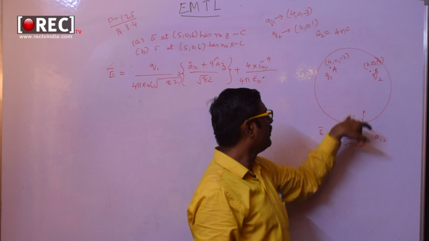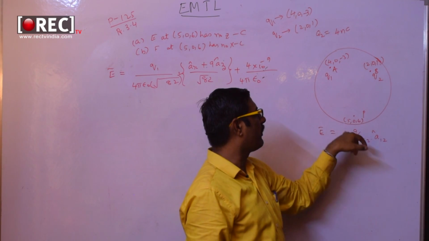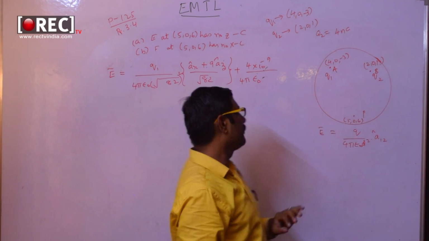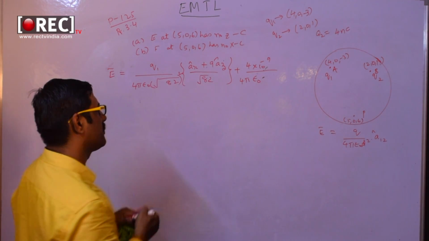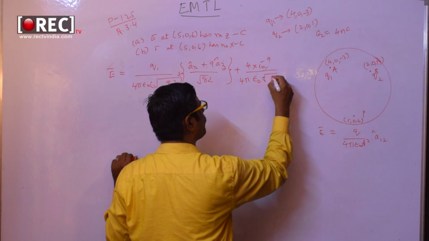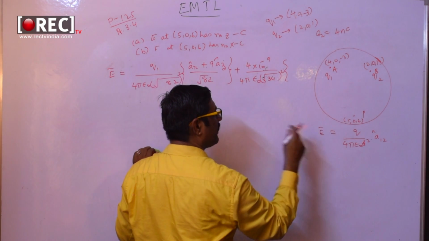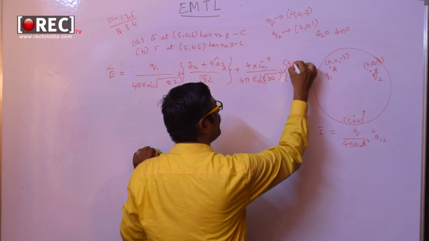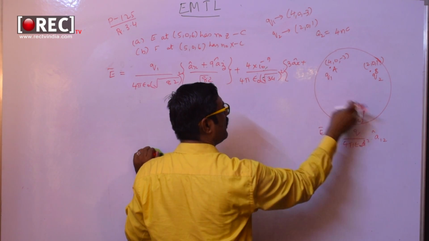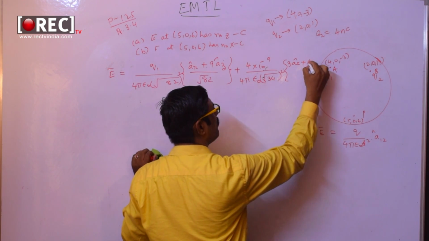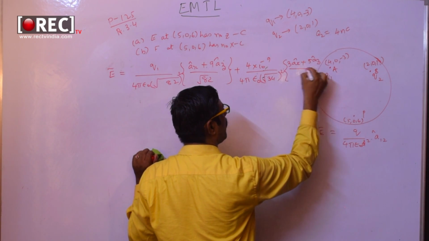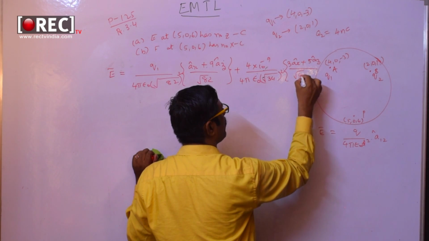So under root of 3 square plus 5 square, how much is it? Root 34. So root of 34 whole square into, coming to the unit vector, same process. It is 3 AX cap plus 5 AZ cap divided by under root of 34.